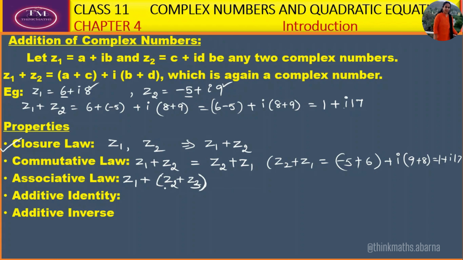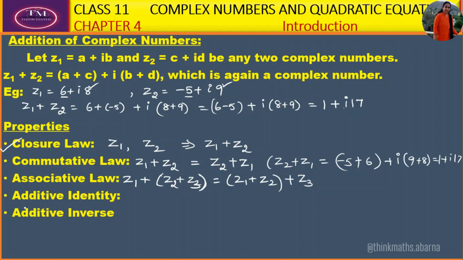So first we should add Z2 plus Z3 and add that answer to Z1. This will be equal to (Z1 plus Z2) plus Z3. That is, if we add first Z1 and Z2 and add the answer to Z3, both will be the same. It is called the associative law. Okay, just changing the brackets.